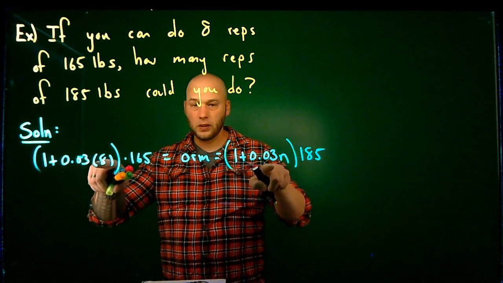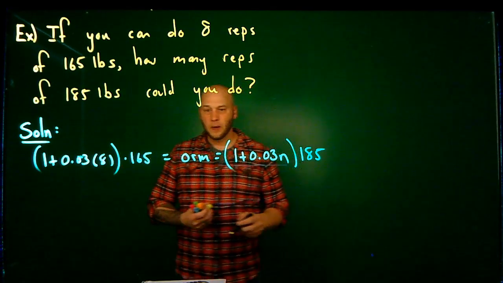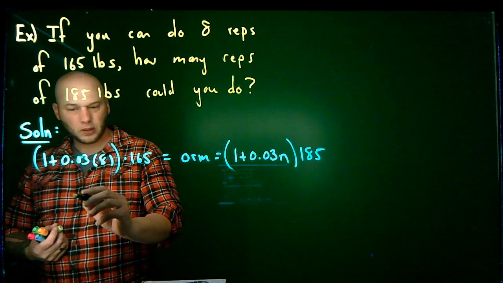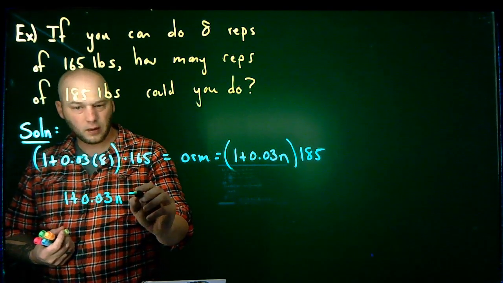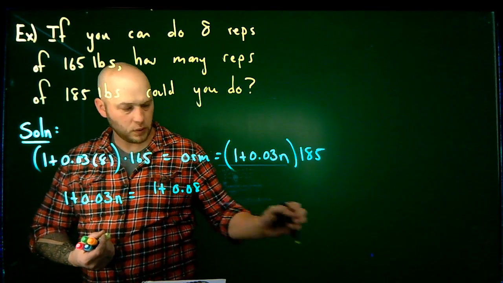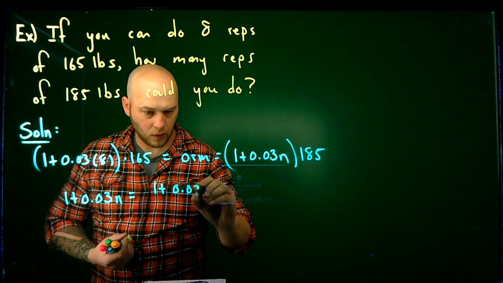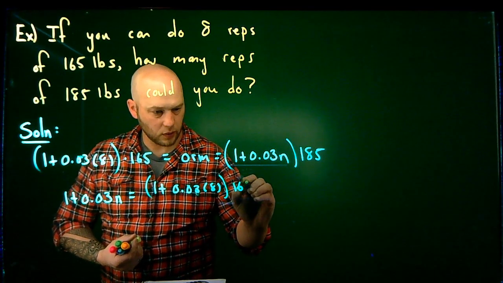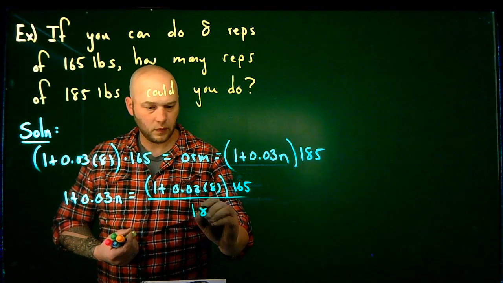So what I'll do is take this equation right here and solve it for n. Go ahead and divide both sides by 185. So I'm going to get 1 plus 0.03n is 1 plus 0.03 times 8 times 165 over 185.